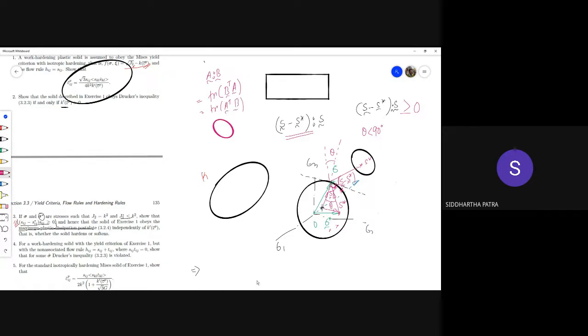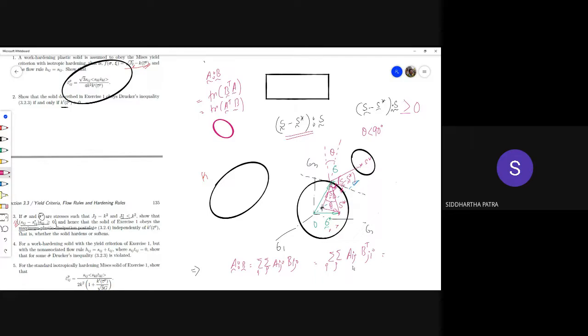How so? A inner product B is a summation over i, summation over j, A_ij B_ij, which could also be written as summation over i, summation over j, A_ij B transpose_ji.